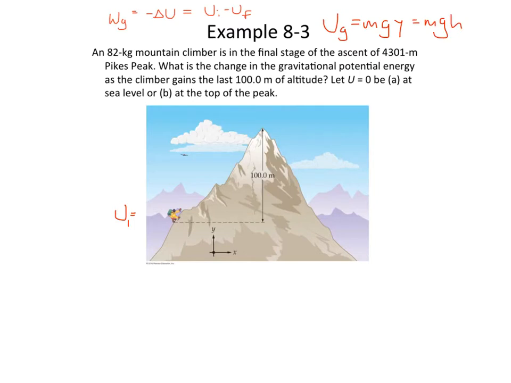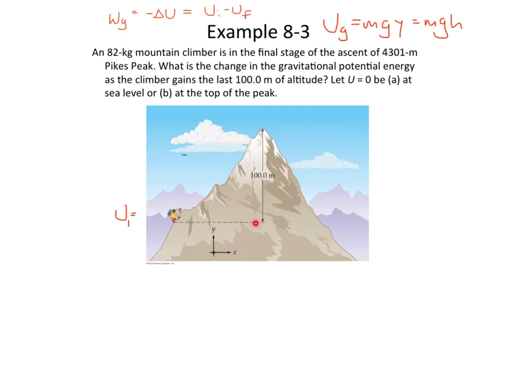How high up are they? So if we call sea level, which is way down here, thousands of meters below, 0, then that means his initial position is 4,201 meters, right?